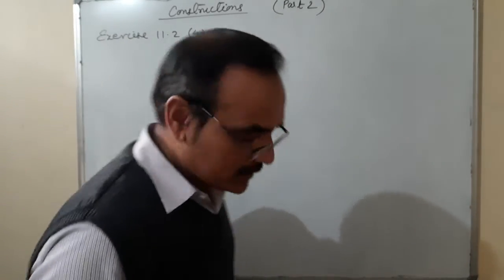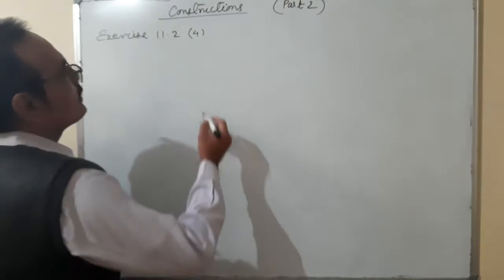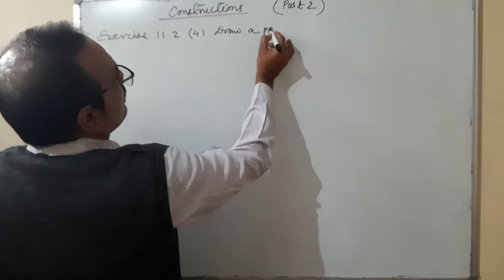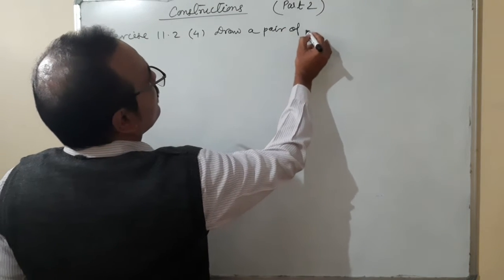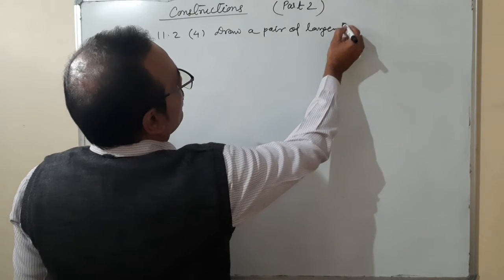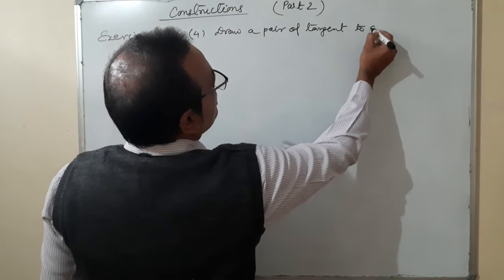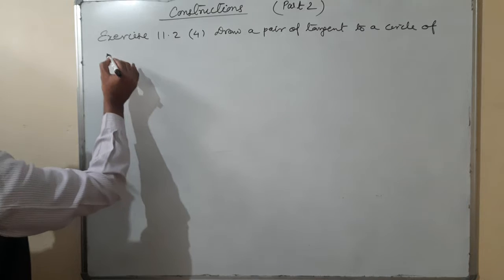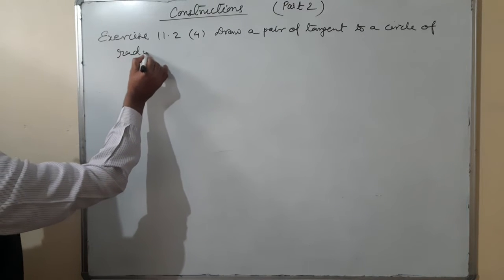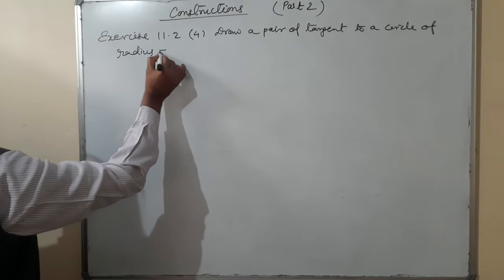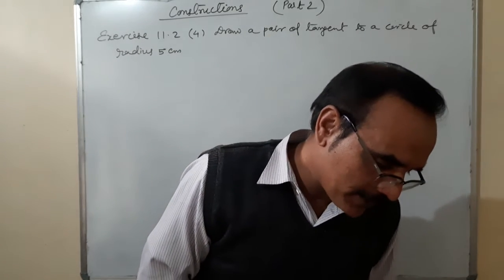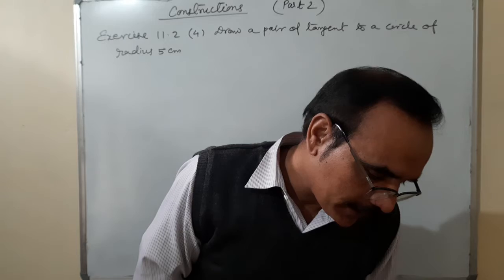Draw a pair of tangent to a circle of radius 5 centimeter which are inclined to each other.